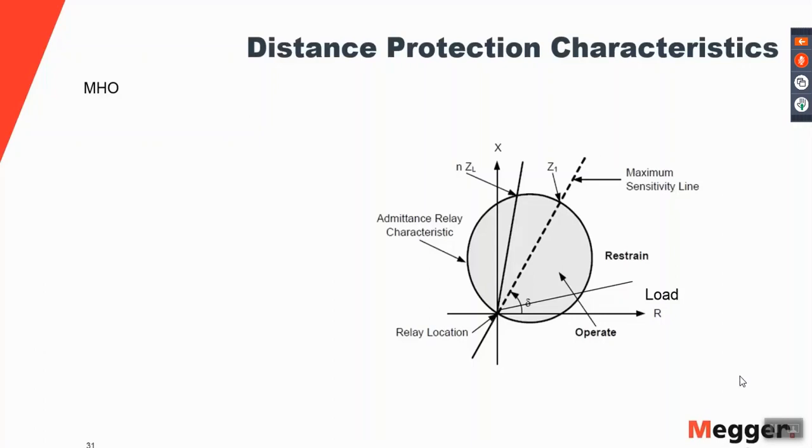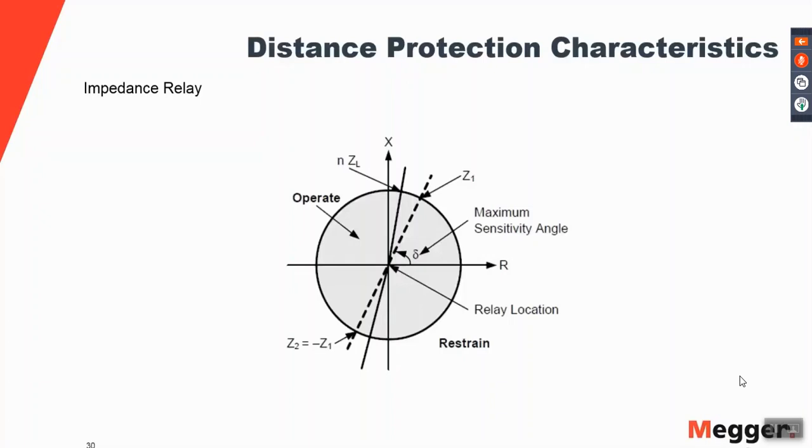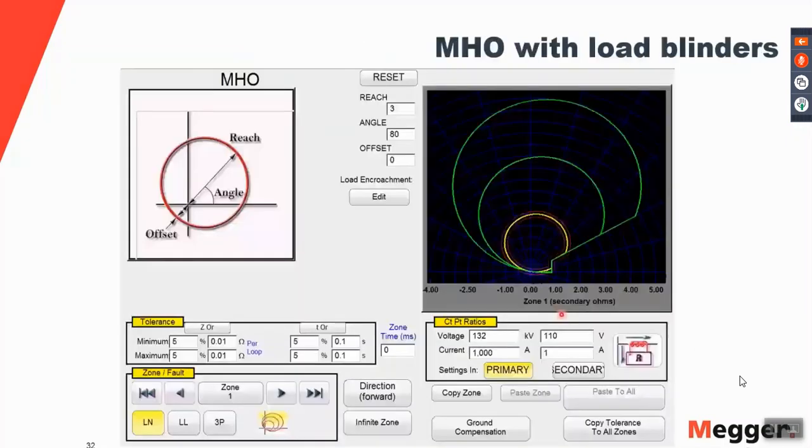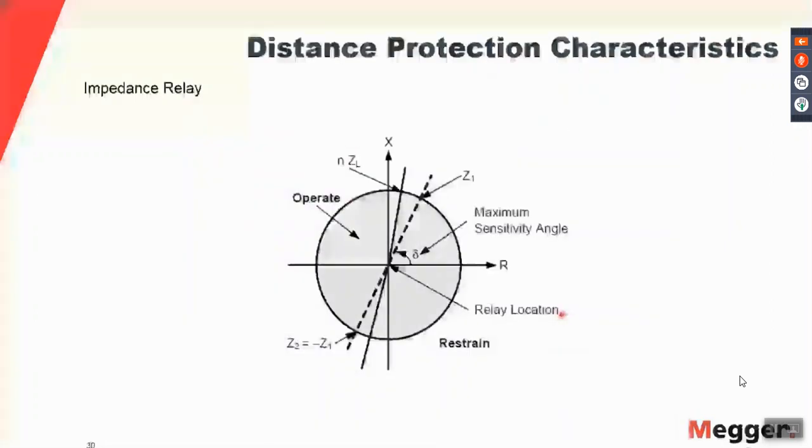Remember, in the impedance relay, we have a uniform reach along the resistance axis, but in here, the reach on the resistance axis is smaller than the one that we have on the impedance relay.